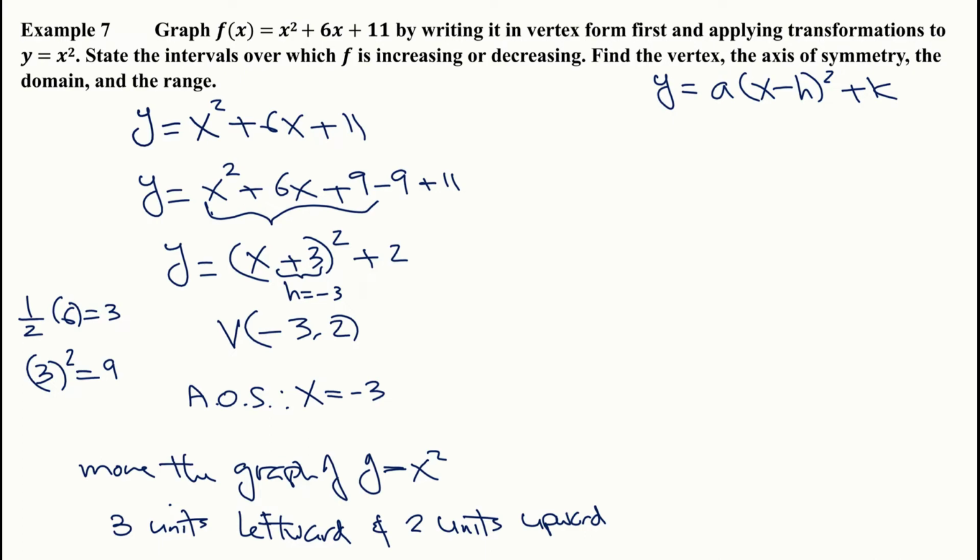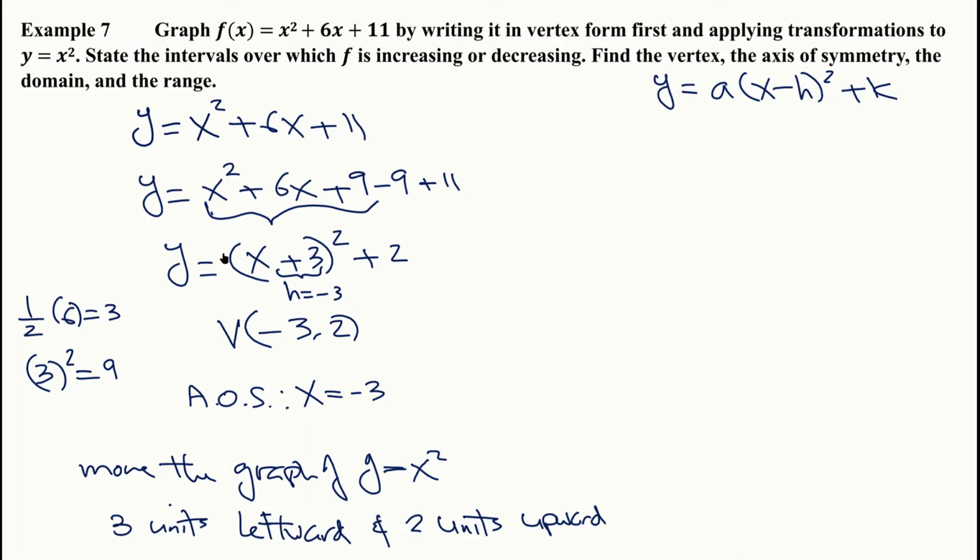Now, no vertical shrinking or stretching is necessary because a right here, invisible, is 1. So it has the same width as the graph of x squared, right? So those are the transformations you would need.